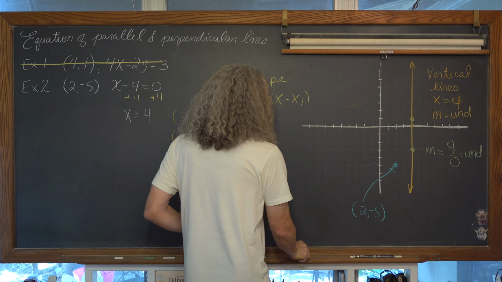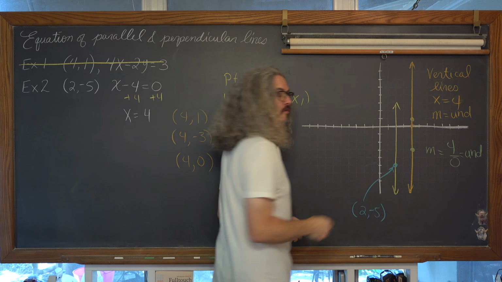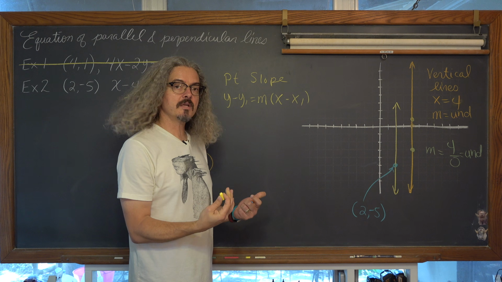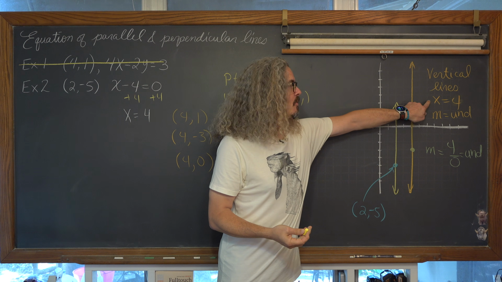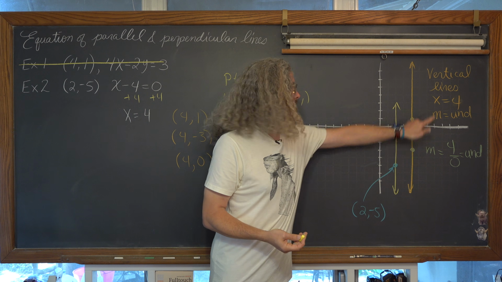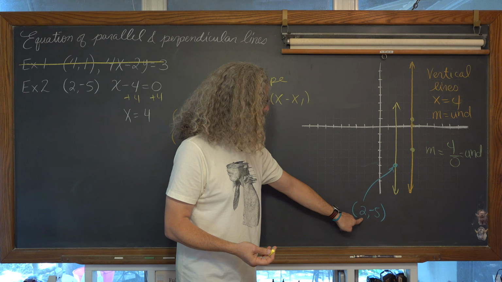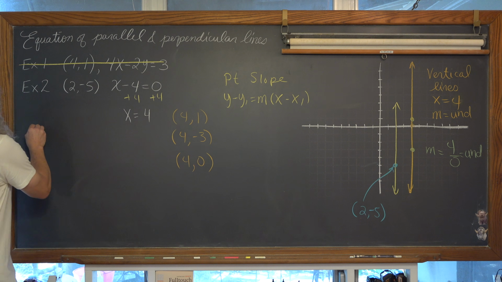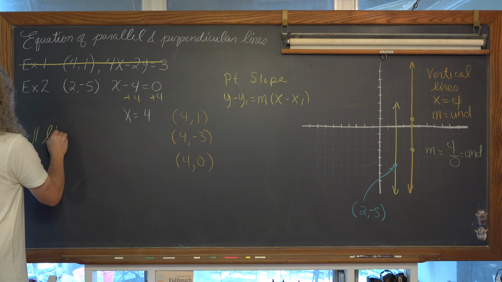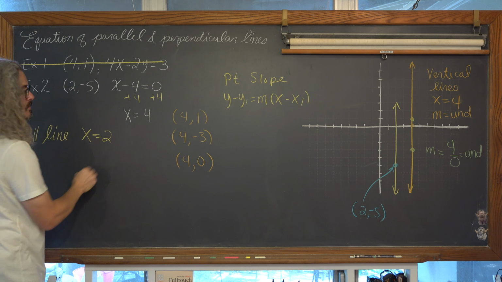Well, it is also going to be a vertical line. And what is the equation of a vertical line? Equations of vertical lines will be in the form of x equals some number, and that vertical line has to pass through this coordinate having an x value of 2. The parallel line will be the equation x is equal to 2.